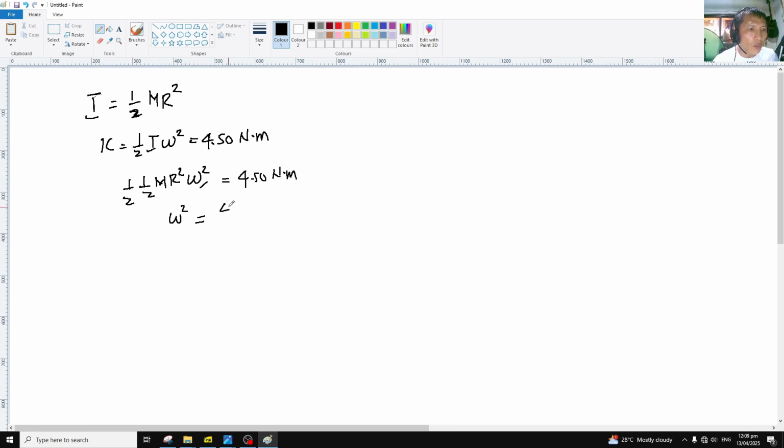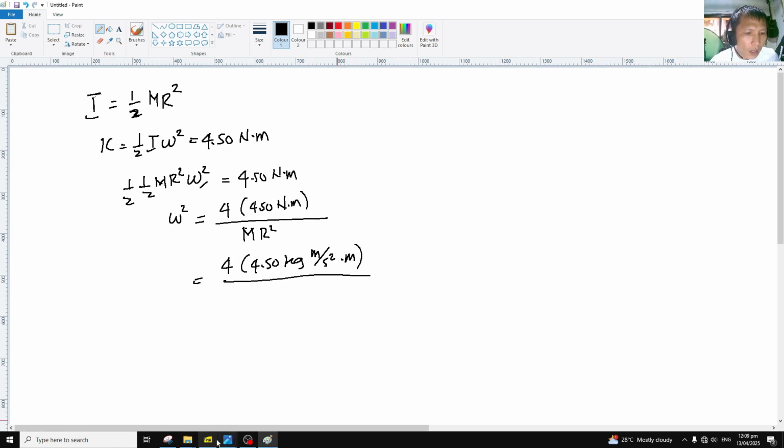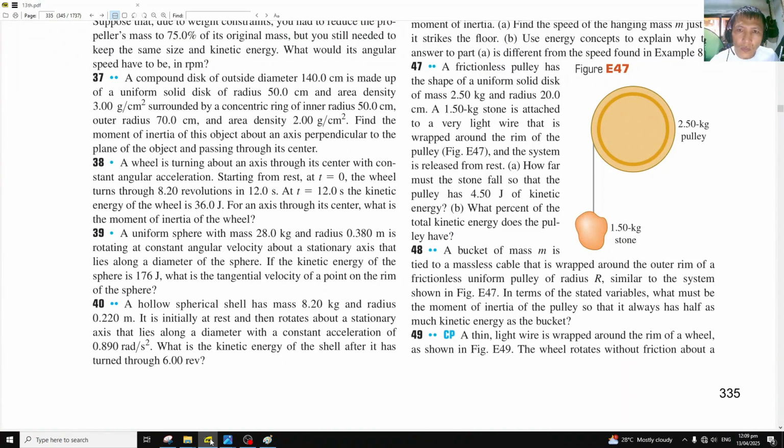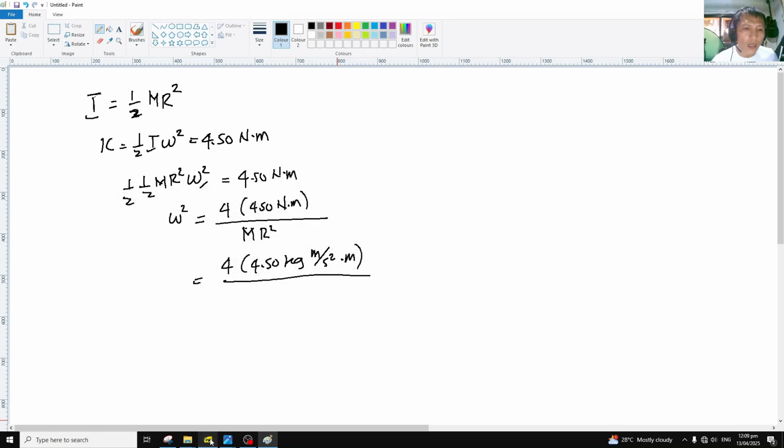Omega squared is 4 times 4.50 Newton meter. Itong 2 times 2 may 4. Tapos dito sa baba is M at saka R squared. So, substitute 4 times 4.50 kilogram meters per second squared meter, all over yung mass ng disk mo, 2.50 kilograms.